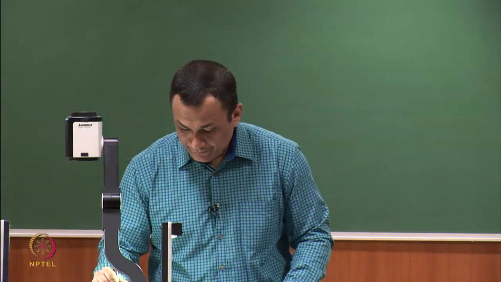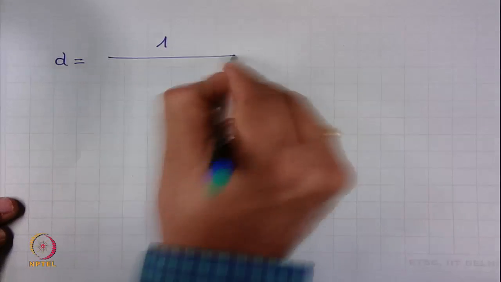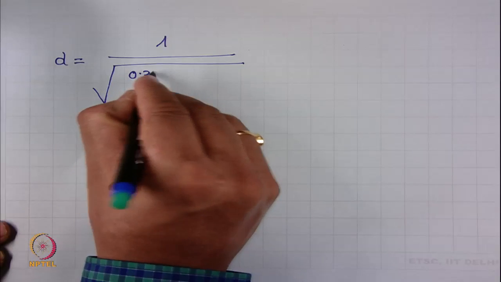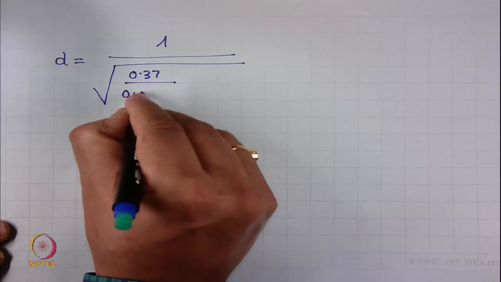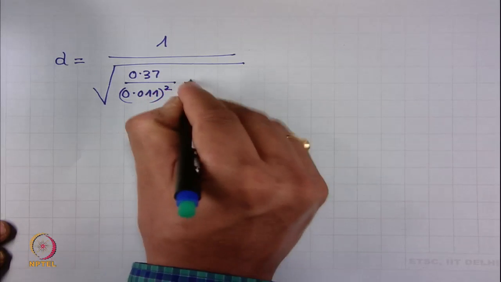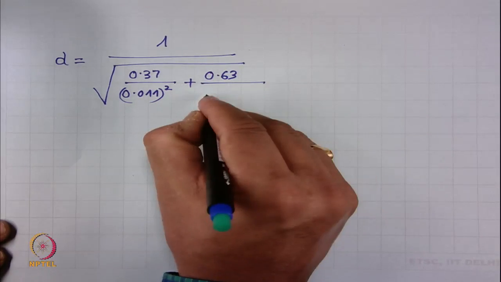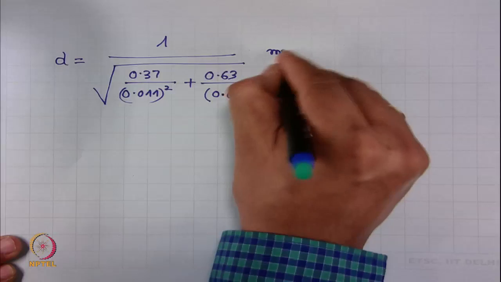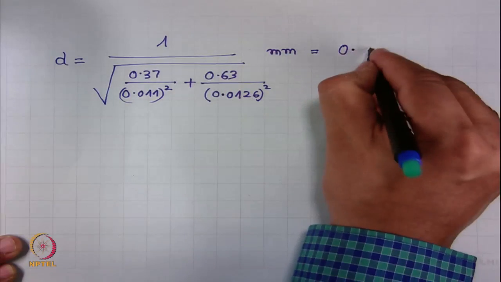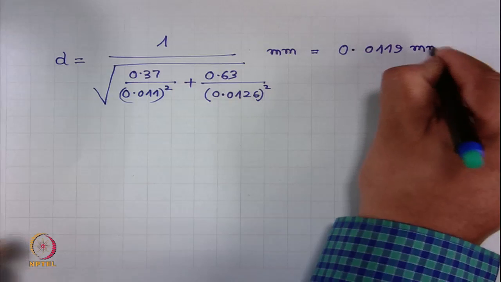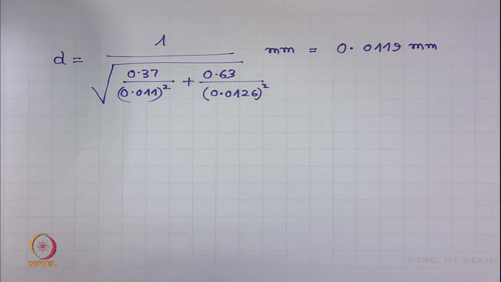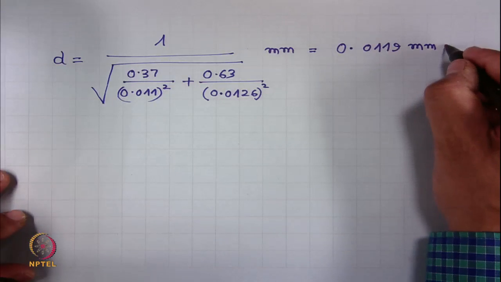You will be able to calculate D. D will be equal to 1 by square root of V1, V1 was 0.37, over D1 square, D1 square is 0.011 squared, plus V2 0.63 over D2 square, 0.0126 squared, in millimeter. So, this value will come 0.0119 millimeter, roughly equal to 11.9 micrometer. So, this was the fifth characteristic.